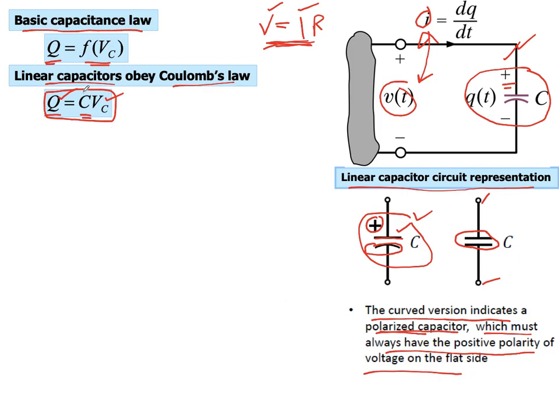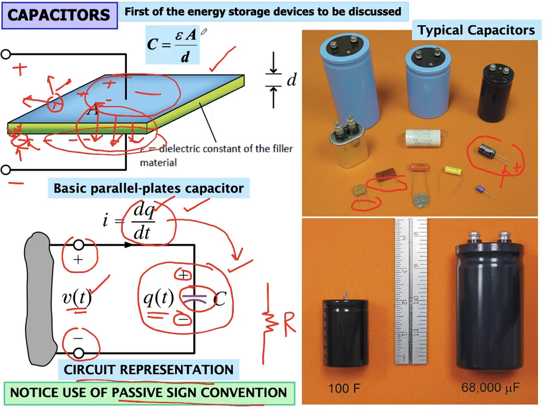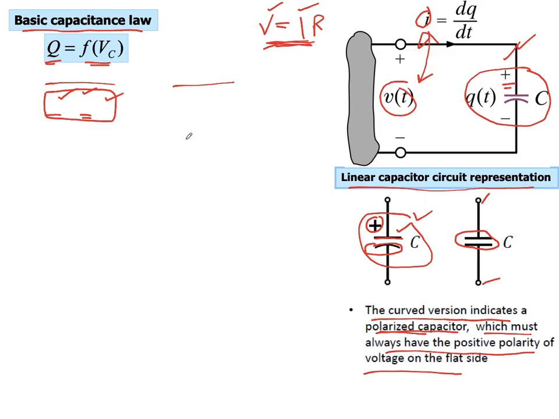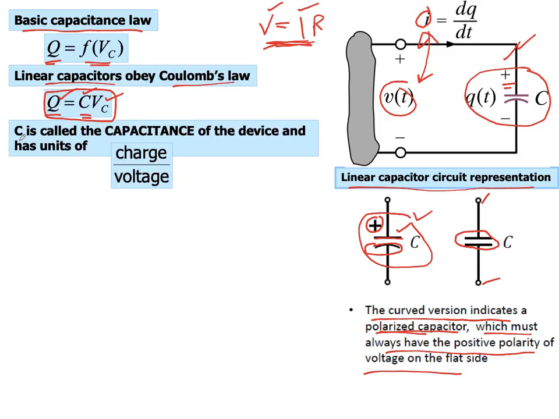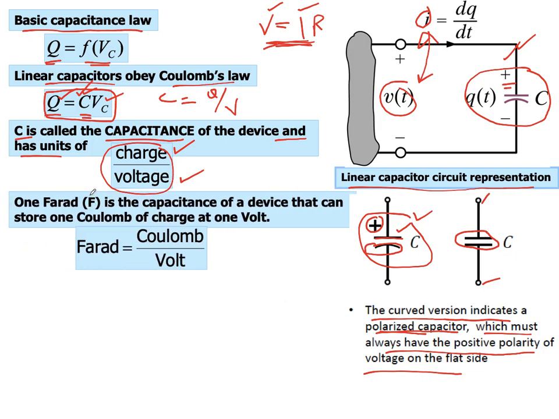And the constant term we see over here is the capacitance, which we have seen earlier. This C is called the capacitance of the device and has a unit of charge per voltage. So from here, C is equal to Q upon V, where Q is the charge and V is the voltage. The unit of capacitance is the farad, which is coulombs per volt.